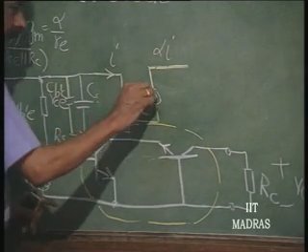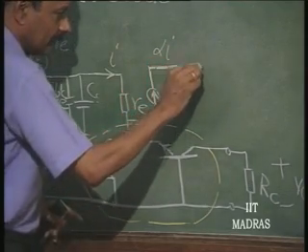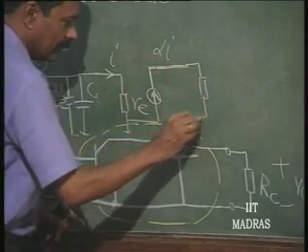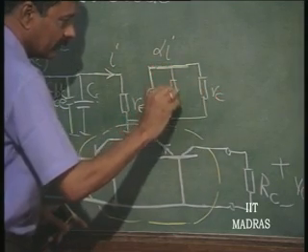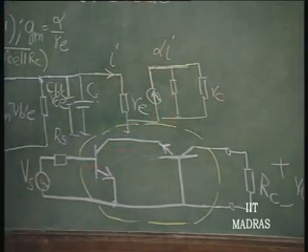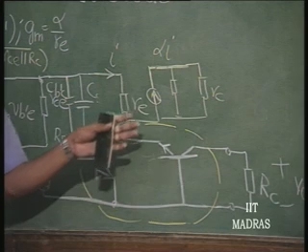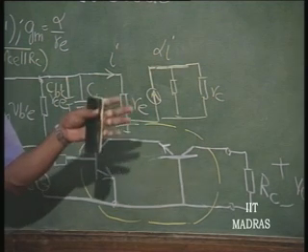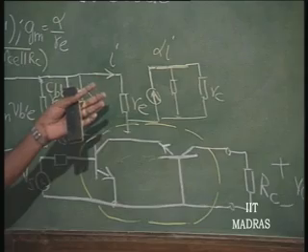So, alpha times I and then RC, and this resistance of course is beta plus 1 times RCE. This is for the common base: the output impedance is beta plus 1 times the common emitter output impedance.